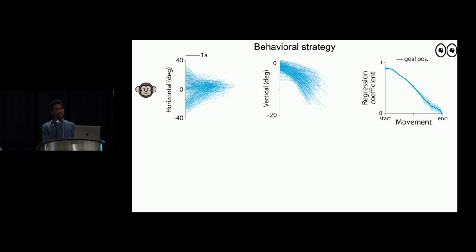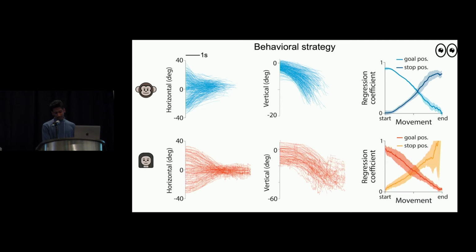We don't have a direct way to measure what they're thinking, but we do know their internal estimate at the end of the trial, which is where they stop, because the task is to stop when they think they've reached the goal. So we can regress their eye movements against the stopping position, and now we see an inverted pattern. This confirms that the animal seems to be tracking their believed goal location.